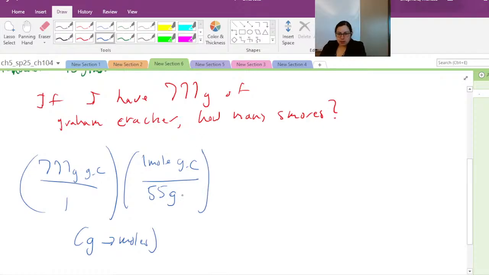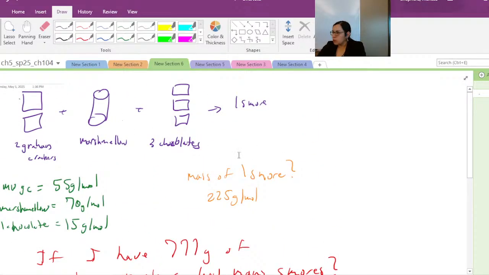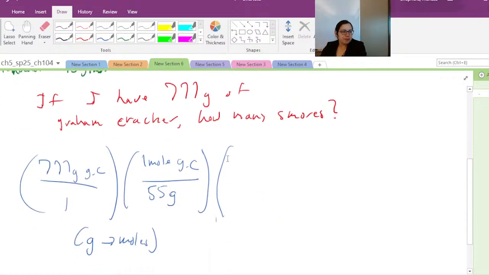So that gives us how many graham crackers? And then from there, we just want to keep writing out our dimensional analysis. Now we can solve for how many, and then plug it back in to our balanced equation. And so we can say, well, 1 s'more needs 2 graham crackers.